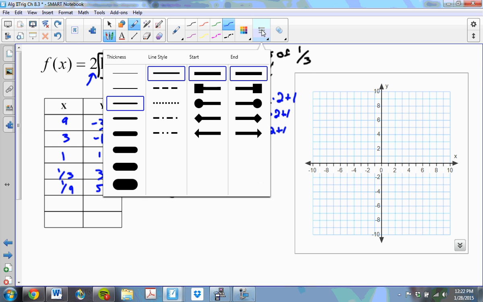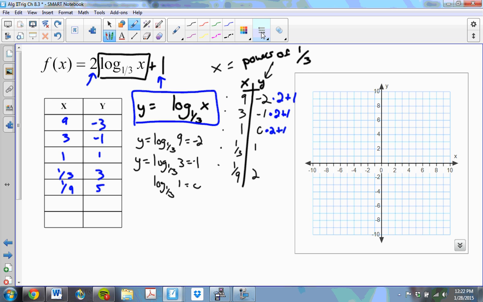I'll pick a finer point in the graph this. But I have the point 9, -3, which is here, 3, -1, which is here, 1, 1, which is here, 1/3, 3, which is here, and 1/9, 5, which is here. And this has a vertical asymptote.